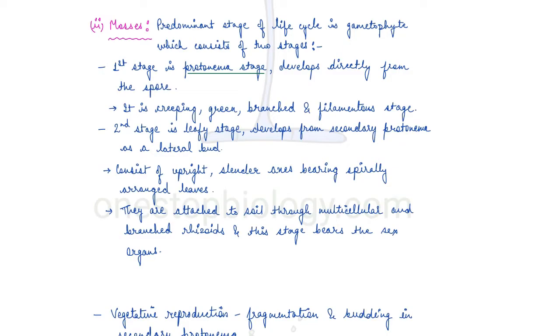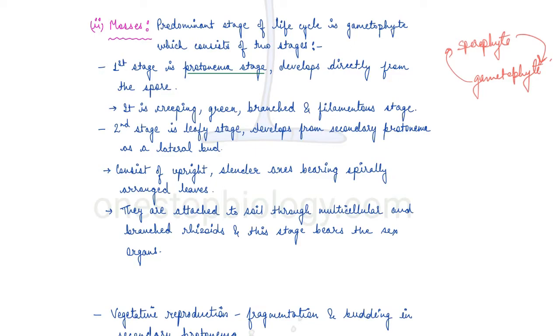So we previously studied that there are two types of stages in the life cycle. One is sporophyte and the other one is gametophyte, right?